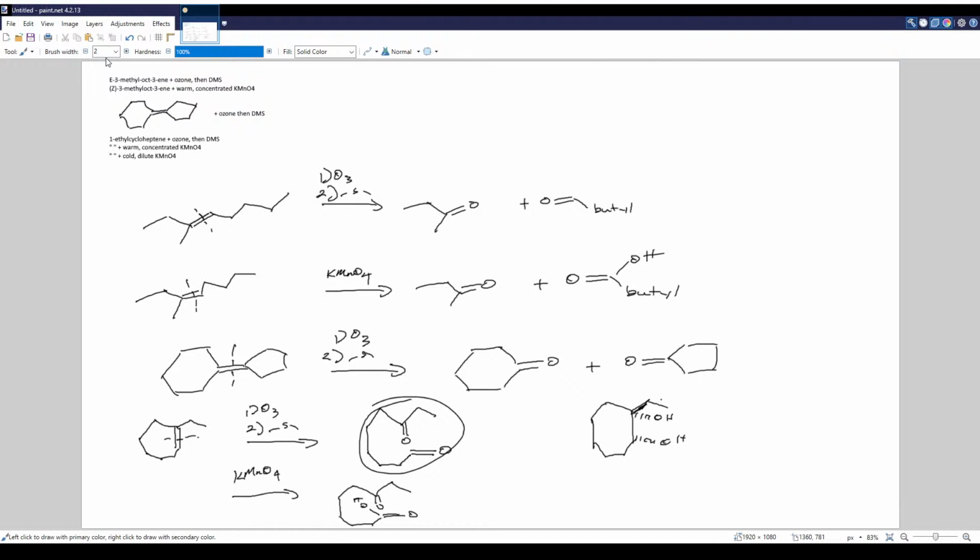Oh, or it uses the permanganate, that's right. Yeah, I completely forgot about that. Yeah, and it's cold dilute permanganate, huh? Let's see if I'm right. Syn yeah. Well, it uses cold dilute permanganate and also hydroxide. Okay. Alright, cool.